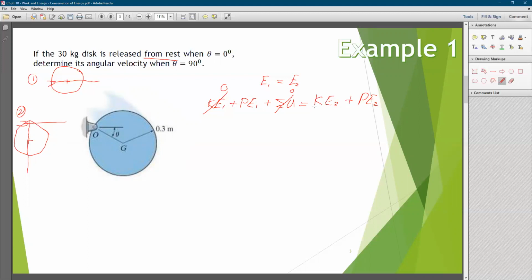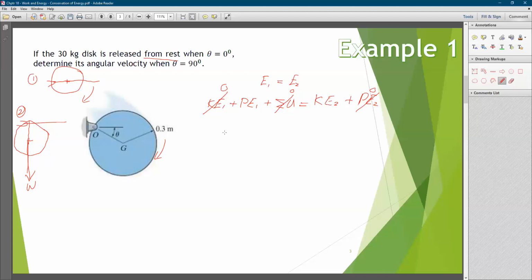And then how about the kinetic energy? Yes, we do have kinetic energy because it rotates downward. Therefore, here we will have something. And for the potential energy, when it reaches this point, W is here, so of course it will have no elevation. So this part here becomes 0.